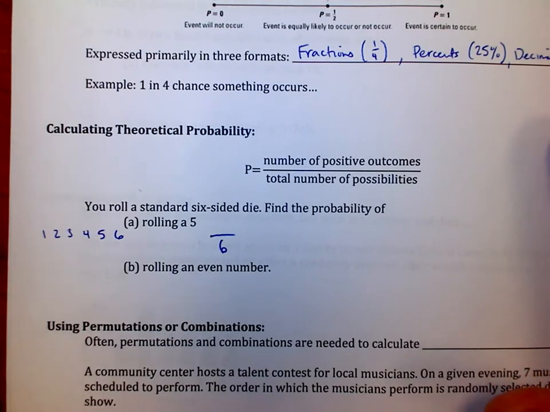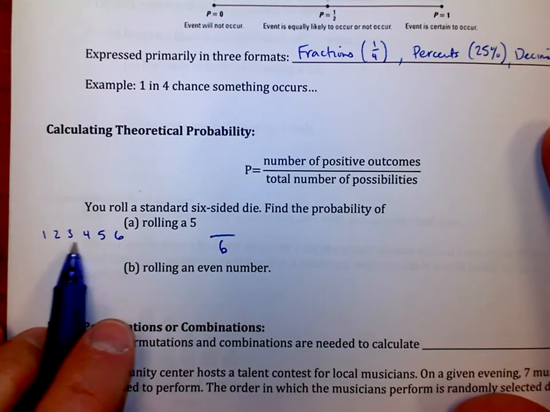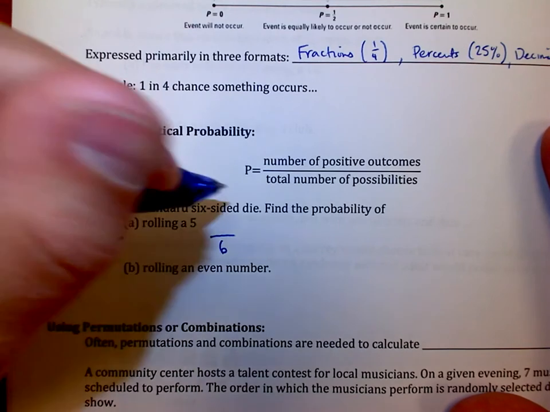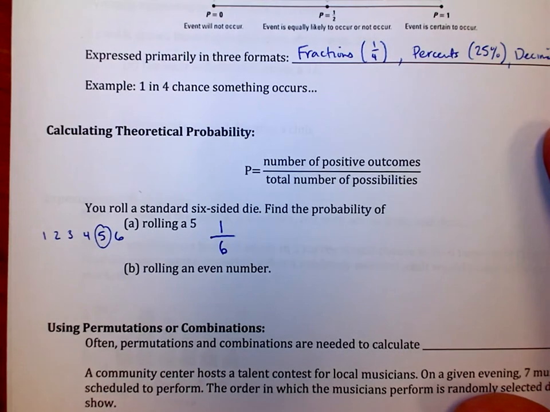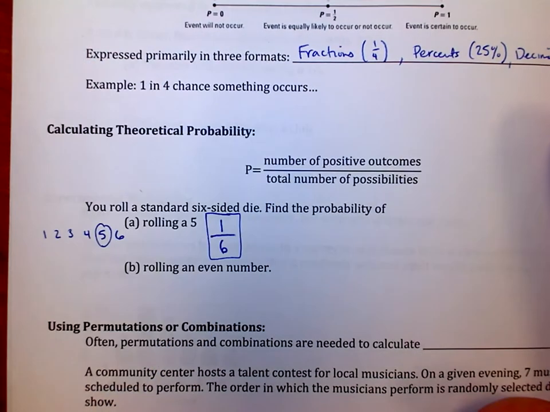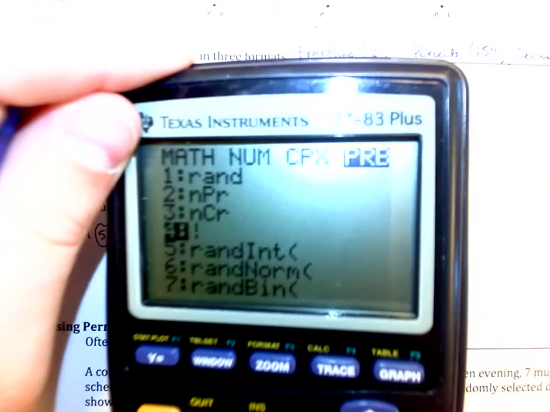What are the odds that you roll a 5? What is the probability of you rolling a 5? Well, how many of those instances that I've listed off to the side actually have you rolling a 5? One of them. So you have a 1 out of 6 chance. 1 out of 6 is the probability that you would roll a 5. That's the best answer, 1 out of 6. Just for kicks, let's put this in our calculator.